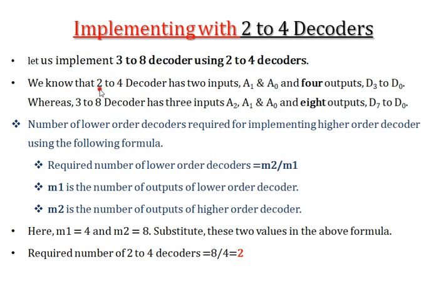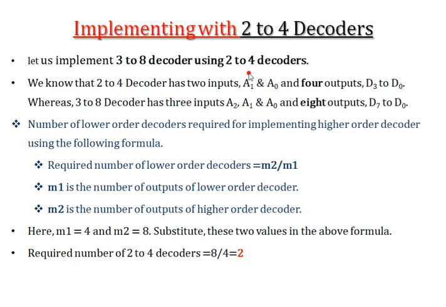We know a 2 to 4 decoder has 2 inputs and 4 outputs. We know a 3 to 8 decoder has 3 inputs and 8 outputs. These two are known to us. Next, this is the formula. Observe the required number of lower order decoders. Here, this is higher order, this is lower order. To design this circuit, the required number of lower order decoders is M2 by M1, where M1 is the number of outputs of the lower order.